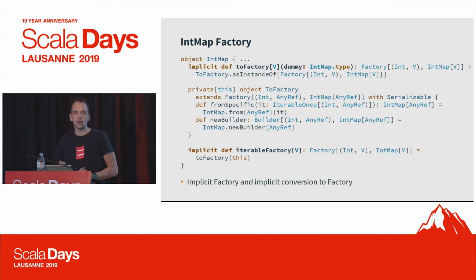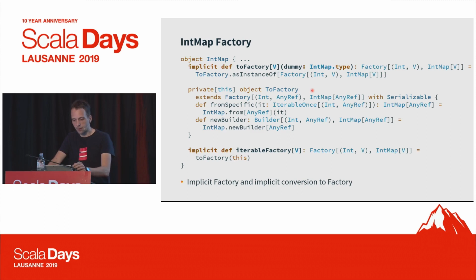So here's our InMap Factory. This looks like a lot of code, and it is, but it's boilerplate, so there is not much to it. What we have is a Factory. We can just use a singleton object here that we cast to whatever type we need. And again, it has the same methods that we've already seen.